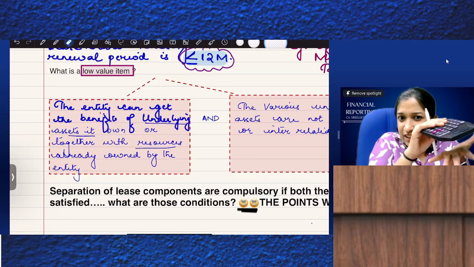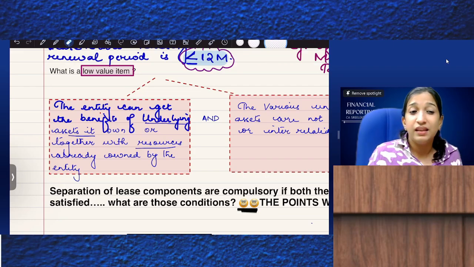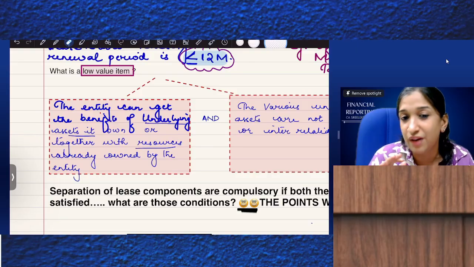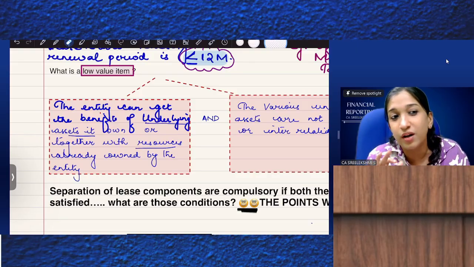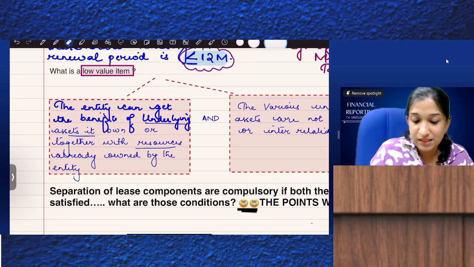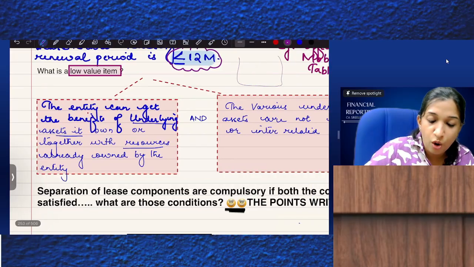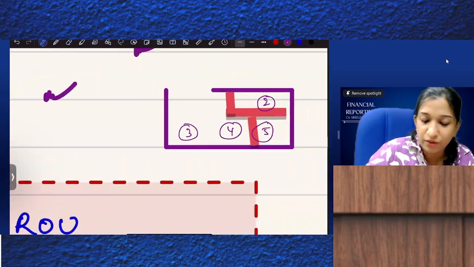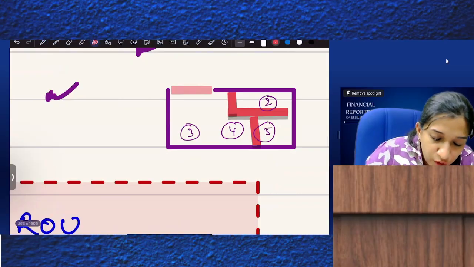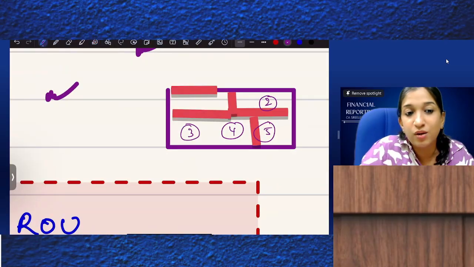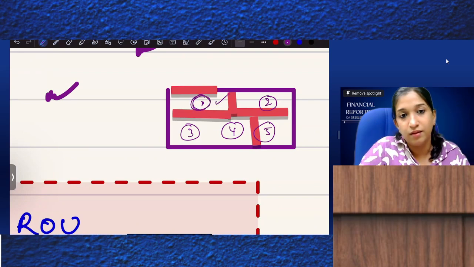Is it connected to another asset for getting the benefit? No. I'm getting independent benefit. The entity can get the benefit of the underlying asset on its own, or together with other assets which are already owned by the entity. Which means if there is a furniture, and I already own part 2, part 3, part 4, part 5, and I already had part 1 also, but now part 1 is not working, so I have taken ROU of this part 1.